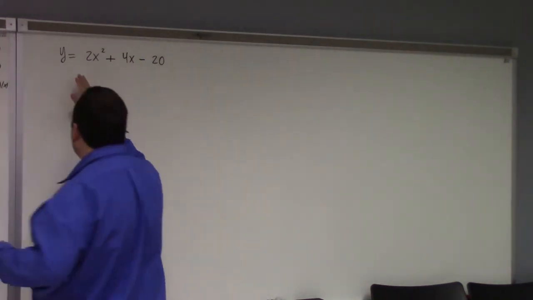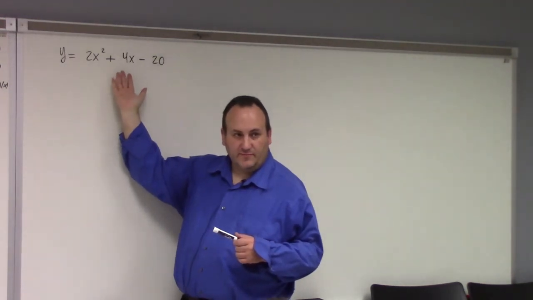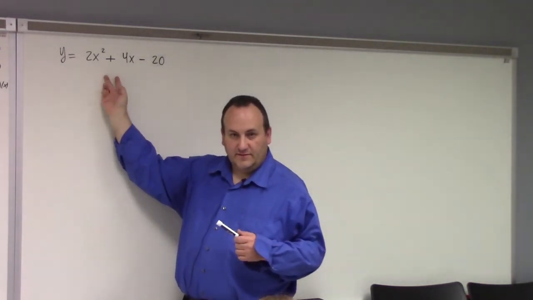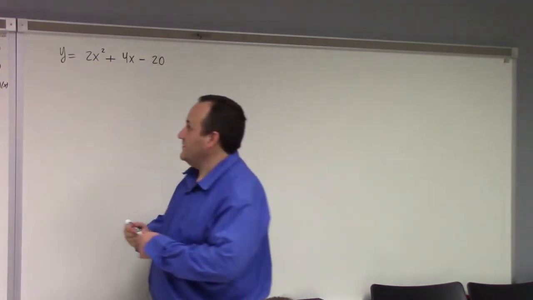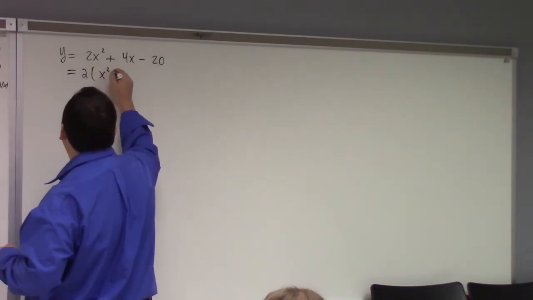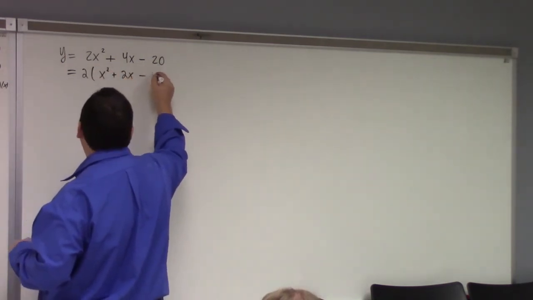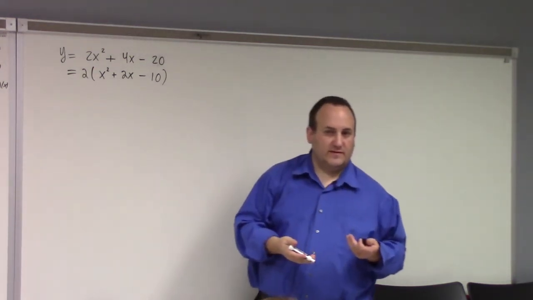So this one, we haven't done this as much, but completing the square here requires some pre-processing. First thing we have to do is factor that 2 out before we can do much. So factor 2 out. We've got 2 times x squared plus 2x minus 10. Now once I've done that, I can complete the square.